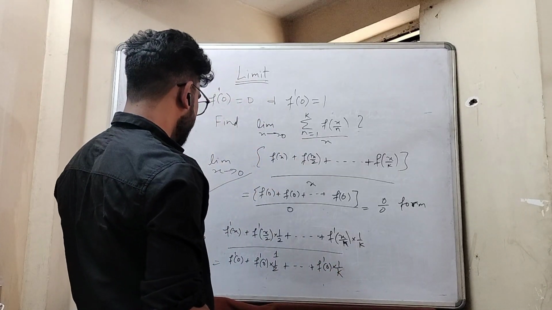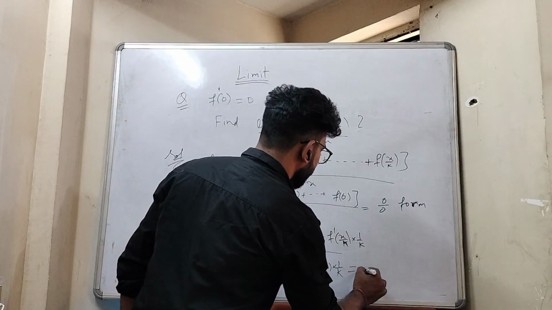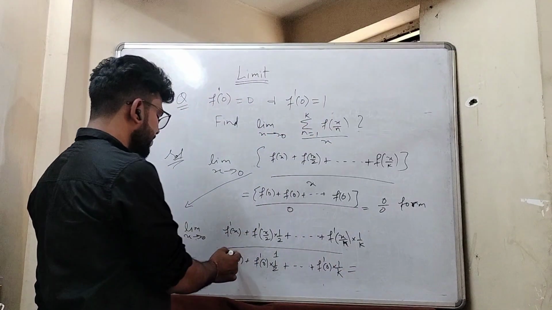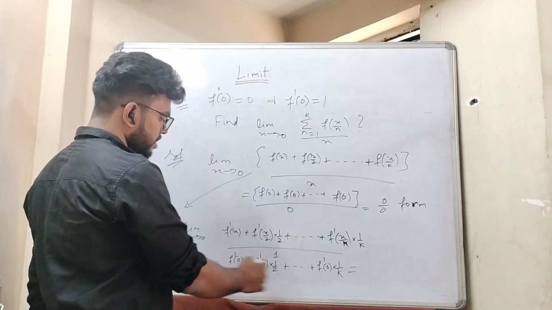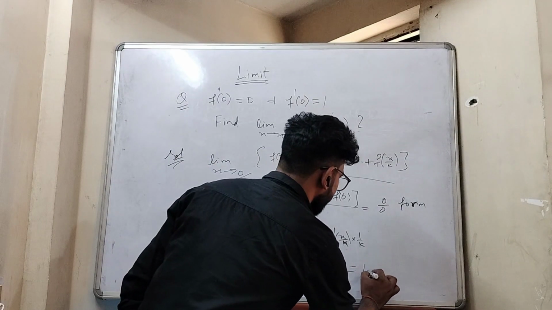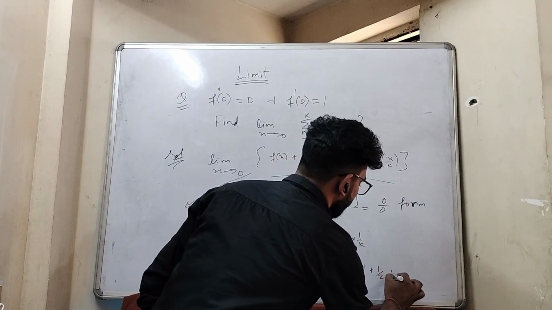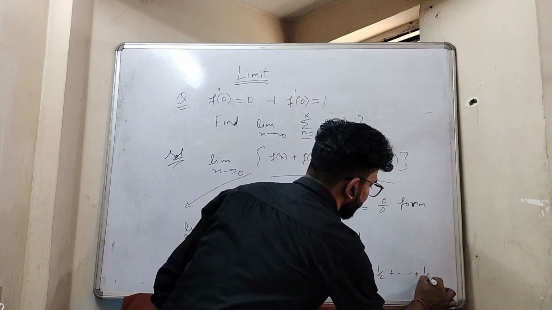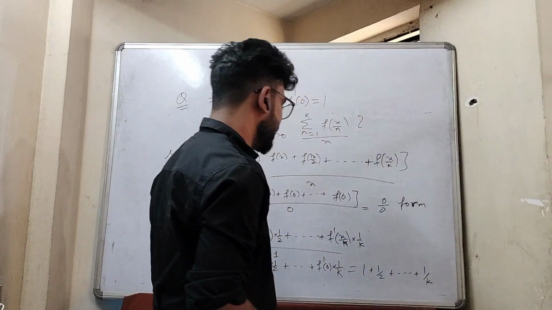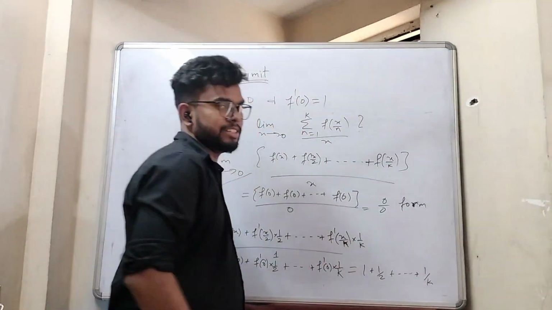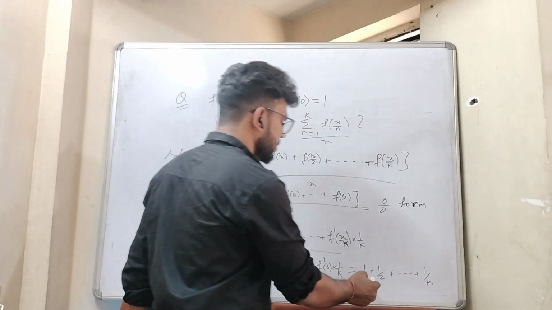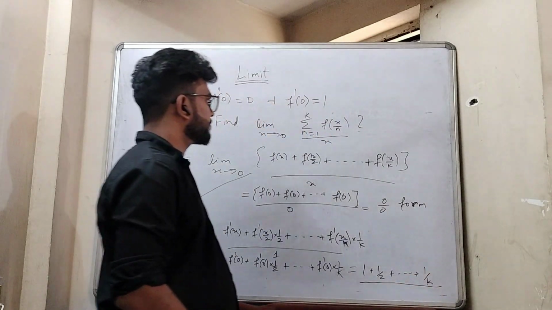As f dash of 0 is 1, this is equal to 1 plus 1 by 2 plus so on, 1 by k. And this is the required answer.